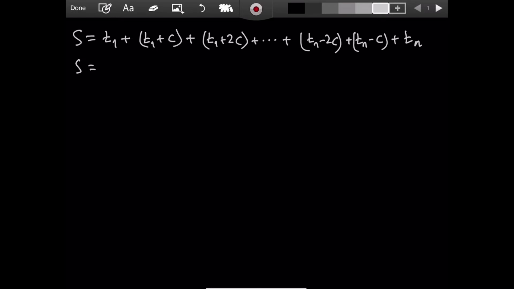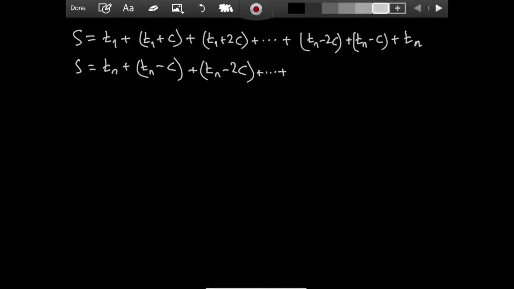I mean that instead of t1, I will first write tn plus, then I'm going to write the other term, tn minus c, plus tn minus 2c. I'm just writing these terms, okay? I just switched the order, which we can do because we have an addition. That's completely fine. Plus, plus.